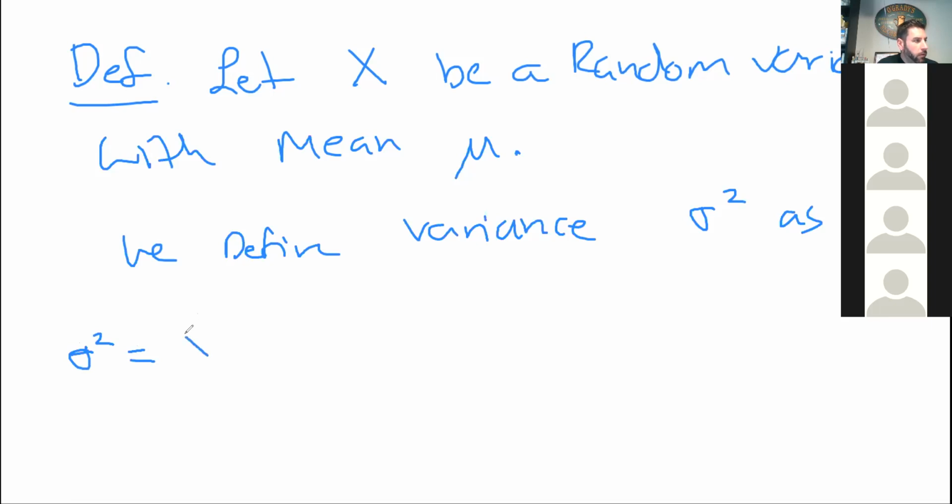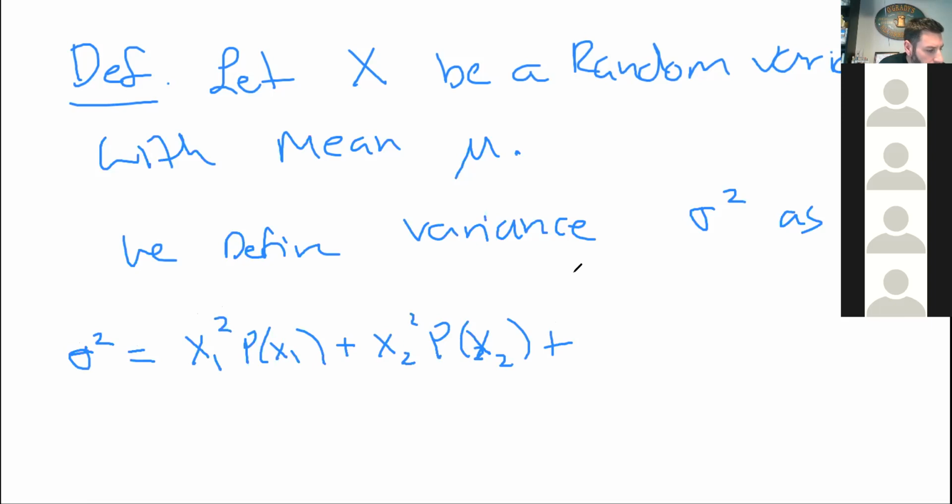You take x sub 1 squared times the probability of x sub 1. And then you add x sub 2 squared times its probability. Don't panic on these things yet. We'll remind you what they mean in a second.